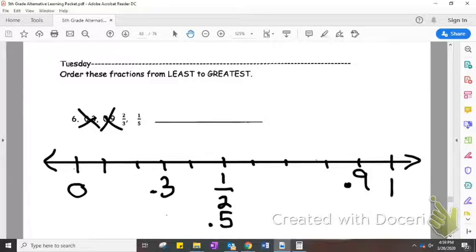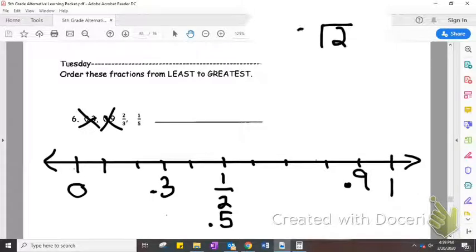2/3, we can divide the numerator by the denominator. I'm going to give myself some space. So 2 becomes the dividend, 3 becomes the divisor.